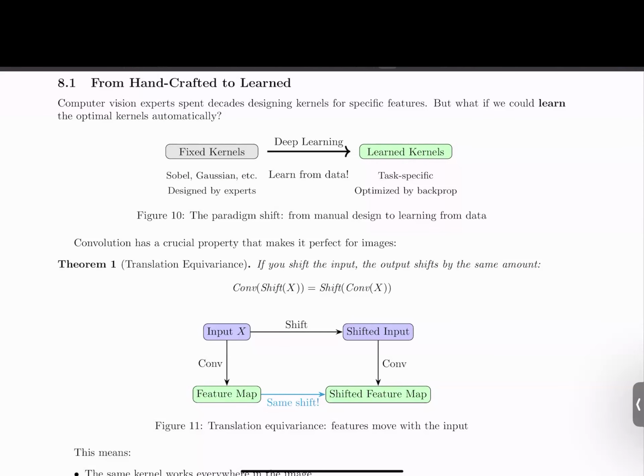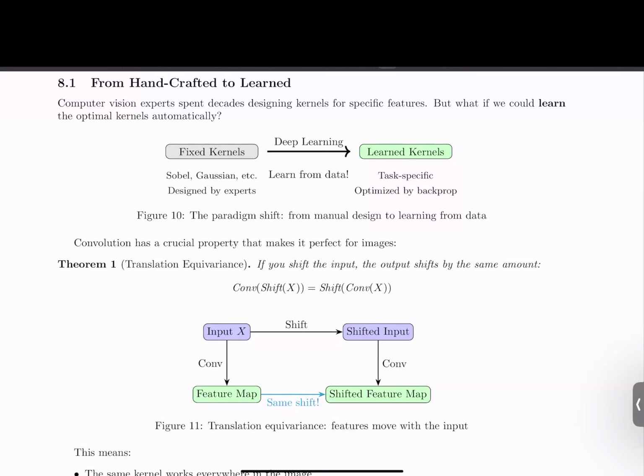So basically what we are saying is, instead of using these handcrafted kernels that computer vision experts design for us, each one working for a specific feature, we want to continue the same paradigm that we have in the course. We want to learn these features in an end-to-end way, features that work for the task we want and are optimal for that task.